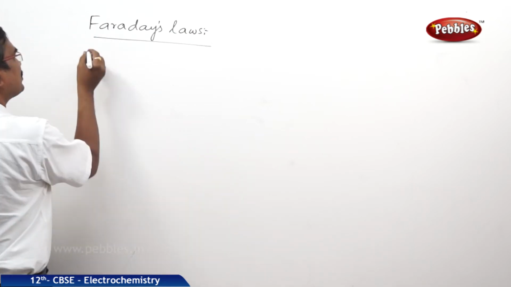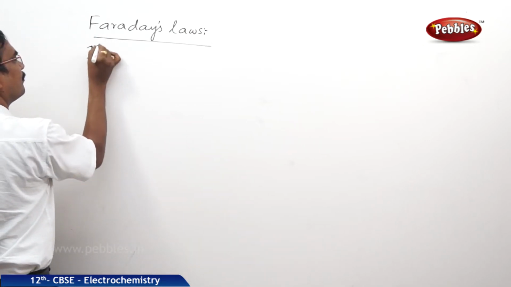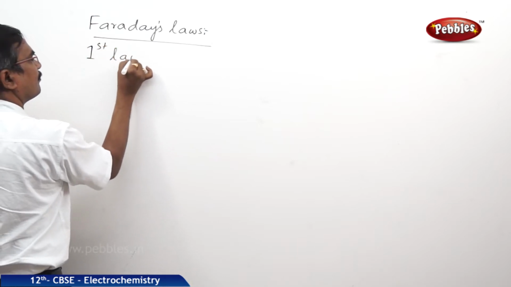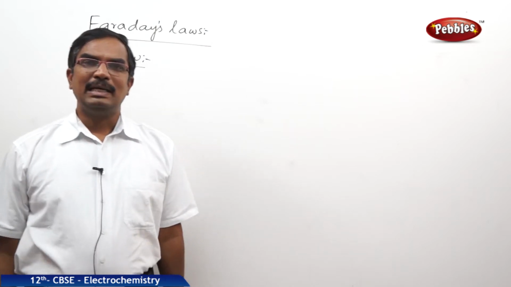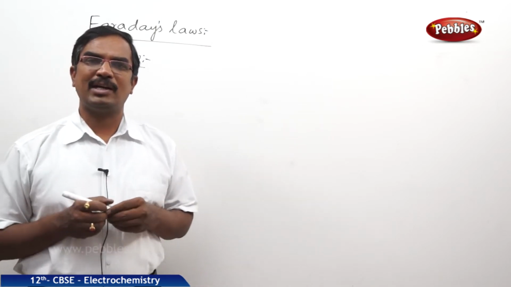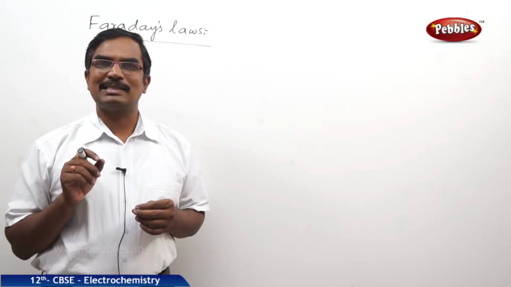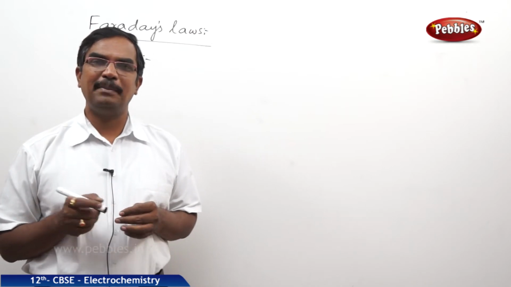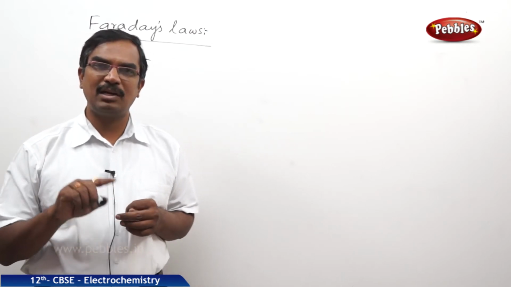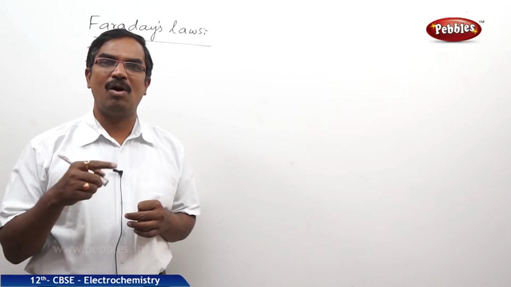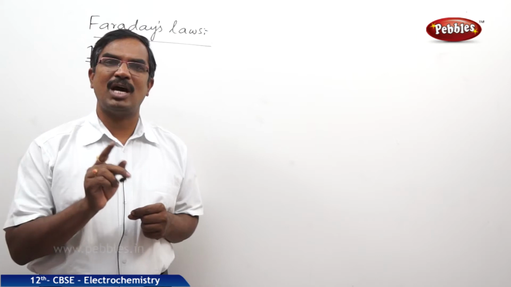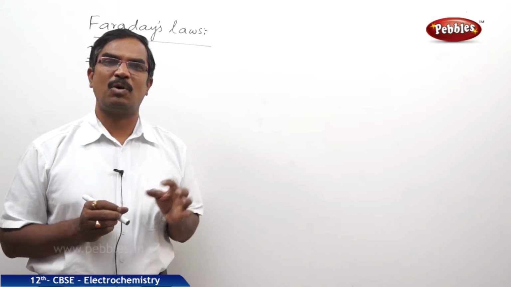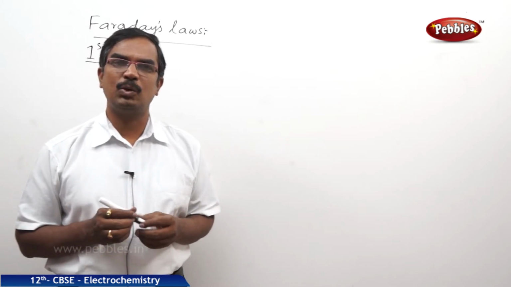So coming to Faraday's first law. According to Faraday's first law, in the corresponding electrode reactions, the amount of the substance that is deposited, released or evolved is directly proportional to the quantity of the charge that is used in the corresponding reactions or electrode process.